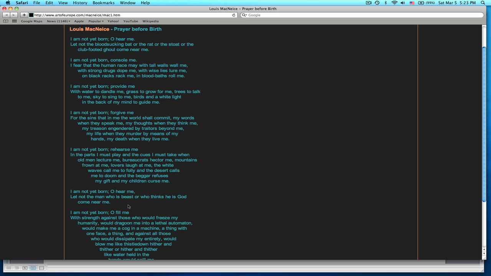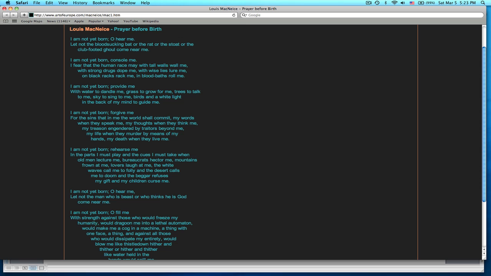I don't really know what to make of that, but those are the fetus's requests and petitions. And there's also a really bleak, depressing cast to this poem right from the beginning. "Let not the blood-sucking bat or the rat or the stoat or the club-footed ghoul come near me." So there's something dark about this poem.